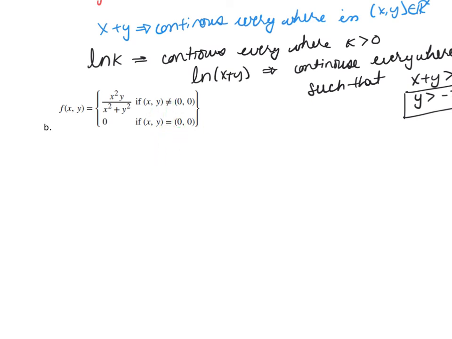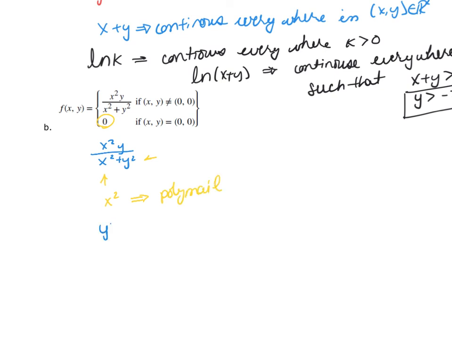So let's take a look then. If I don't have x and y equal to 0, let's just look at the denominator of this top piece: x squared plus y squared. If x and y are not both 0 together, then this is positive. x squared is continuous, and it's a polynomial.